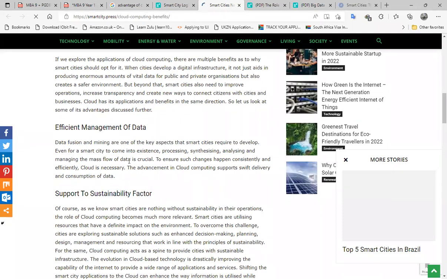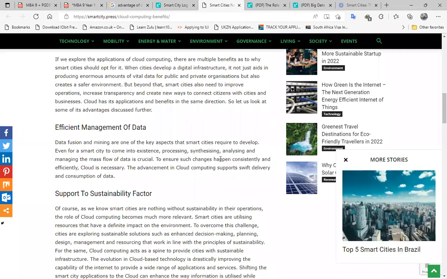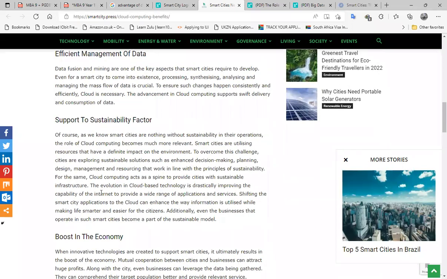Because there's a mass flow of data, and it changes, so you need to be consistent with those changes and be efficient. And cloud is really good when it comes to handling that.